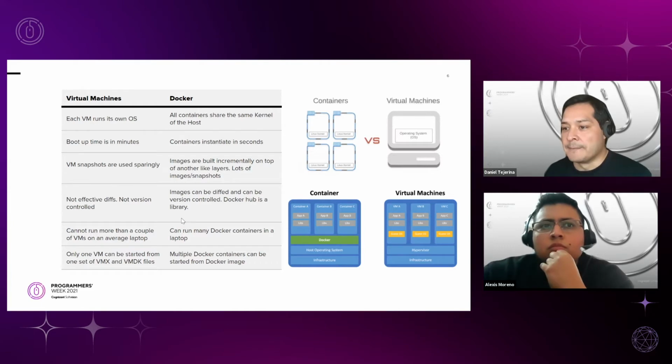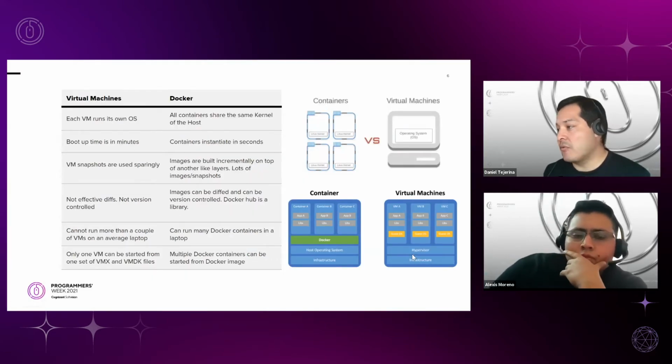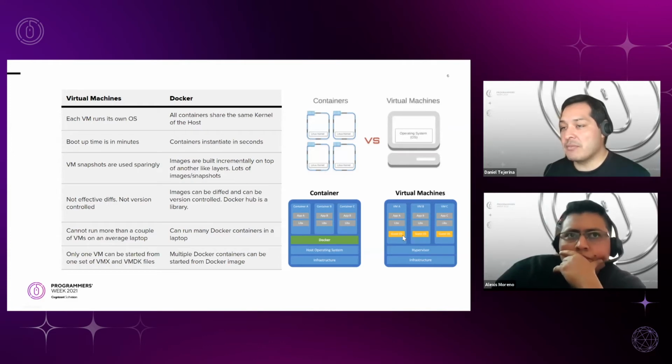And at the end, for each virtual machine we have the files for one disk, so these files can run just one virtual machine. With a Docker image, we can run multiple containers from the same image.